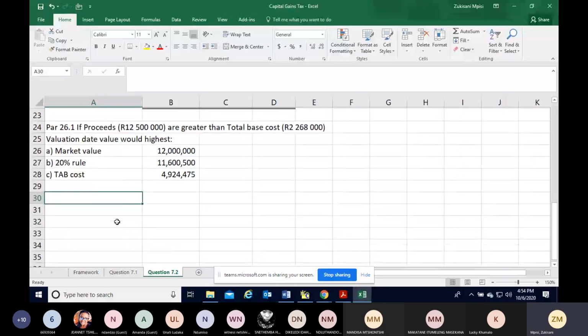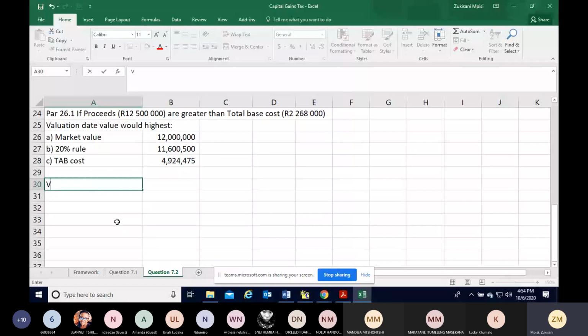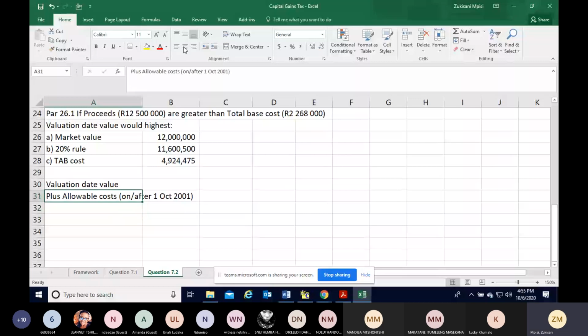In order to get the base cost, it is the valuation date value plus allowable costs, which are on or after 1 October 2001. So this is the formula to calculate the base cost. Not the adjusted base cost, but the base cost.